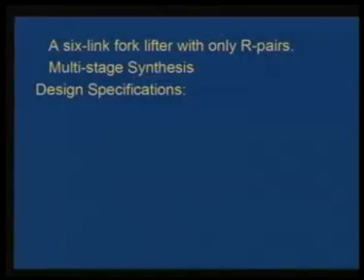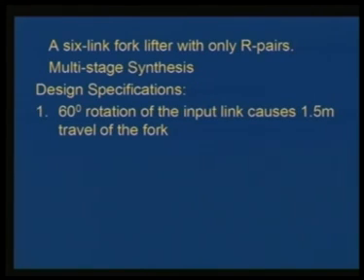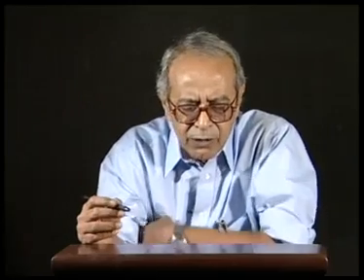The design specifications for this particular mechanism are the following parameters. First, a 60-degree rotation of the input link should cause 1.5 meter vertical travel of the fork. That means as the input link crank rotates through 60 degrees, the fork should travel along a vertical line, almost along a vertical line, through a distance of 1.5 meter.